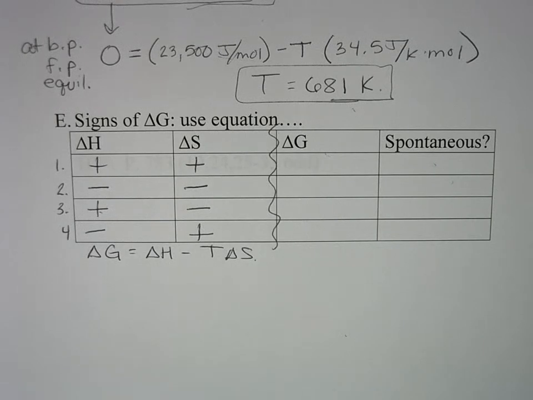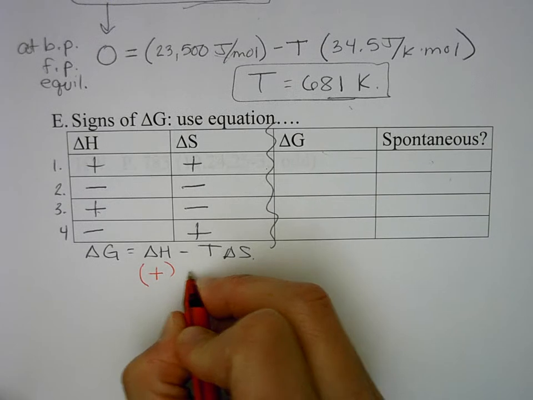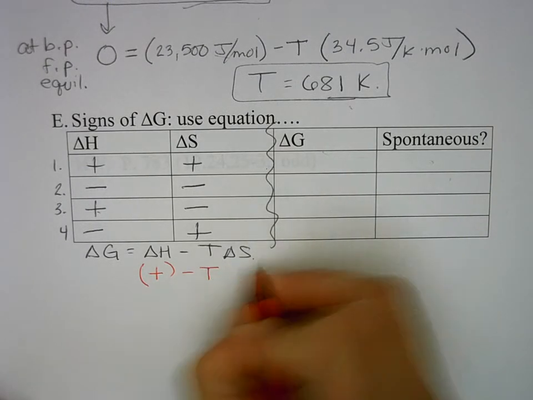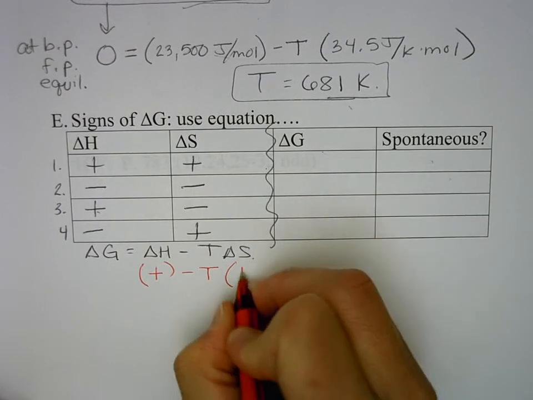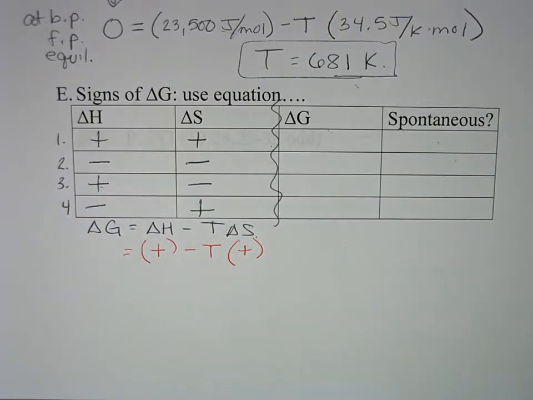So for the first combination, positive and positive, if I have a positive delta H minus T times a positive delta S, I want to figure out, is that going to give me a positive answer or a negative answer? If I have positive delta H minus a positive number, can I get a positive answer?